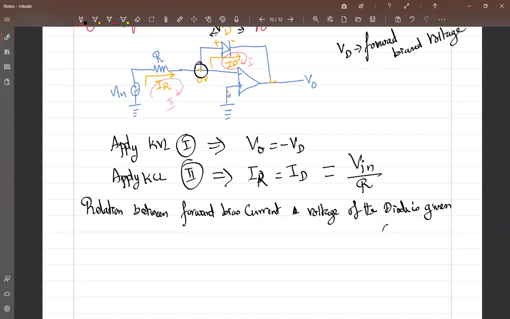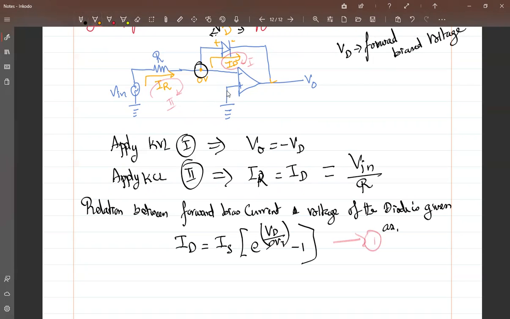You have already studied this equation in the fundamental circuit concepts, and while studying devices and the diode, you definitely may know this. The diode current is given as ID is equal to IS into e power VD by eta VT minus 1. This is the corresponding equation 1.